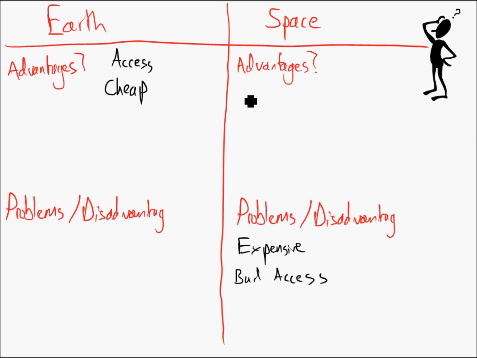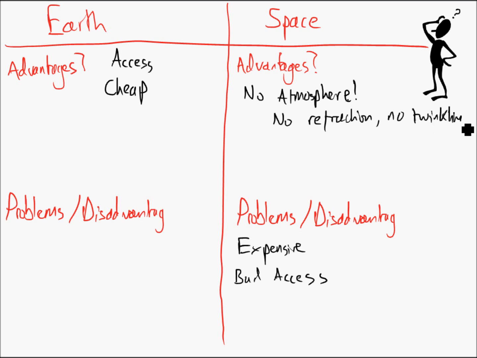In space, we've got no atmosphere in the way, which means we've got no refraction, no twinkling. We've got all parts of the EM spectrum visible. And some of these are all good things about space. These are all problems here.